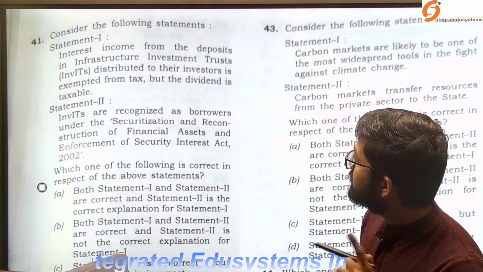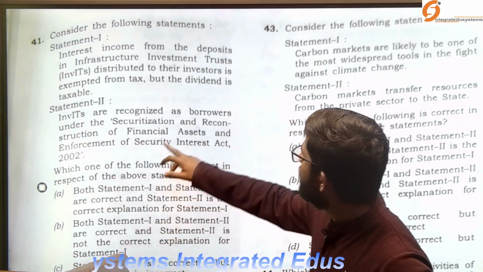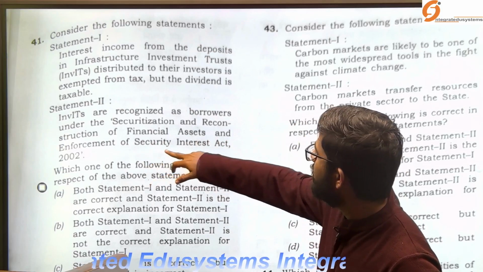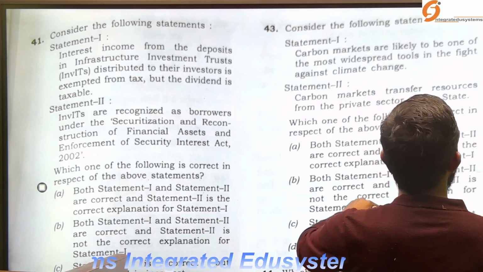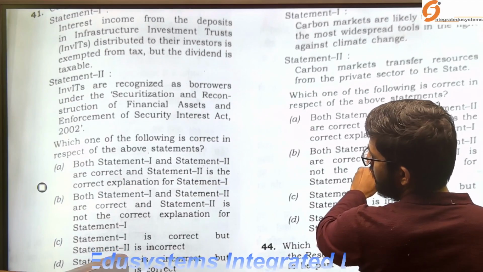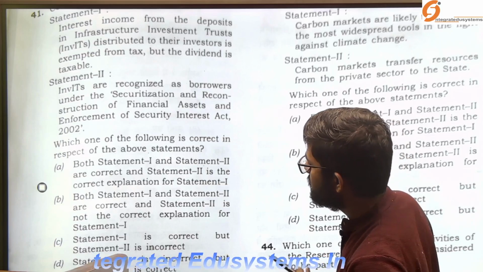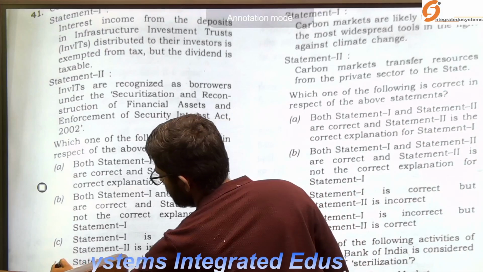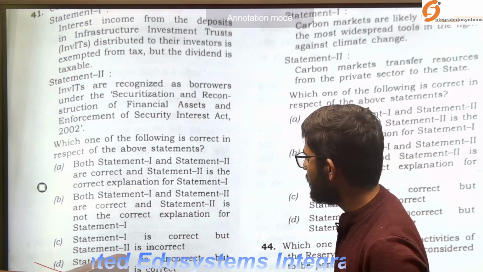Statement 2: Infrastructure Investment Trusts are recognized as a borrower under the Securitisation and Reconstruction of Financial Assets and Enforcement of Security Interest Act. The answer is D. You can understand it was a tough question because we don't directly read about it.